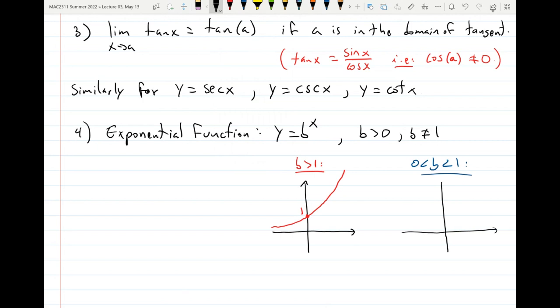It's the graph that we have here in red, but reflected about the y-axis. In other words, we have this behavior. Something like that. It doesn't touch the x-axis.